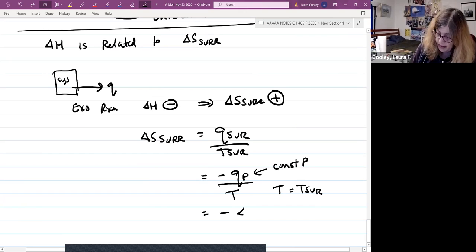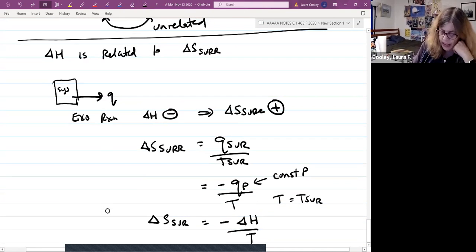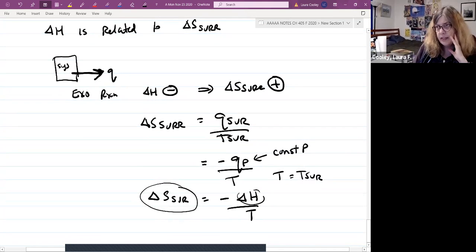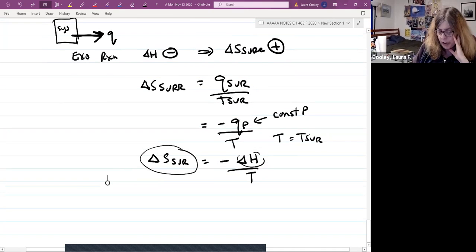So this is the negative of delta H over T. Because heat is leaving the system, delta S surroundings will be positive when delta H is negative. So delta H is very closely related to delta S surroundings, but it's not related to delta S.